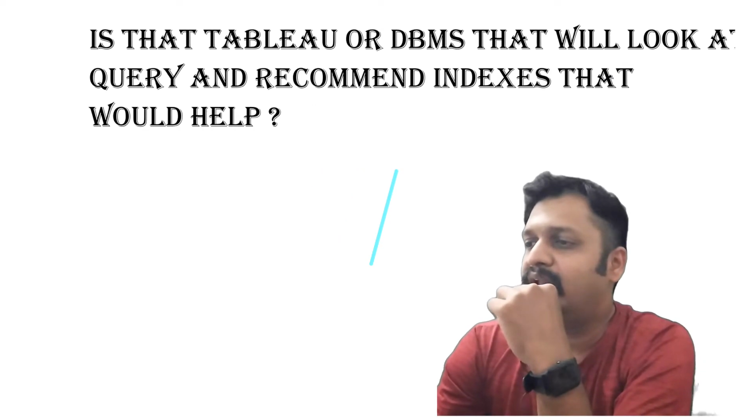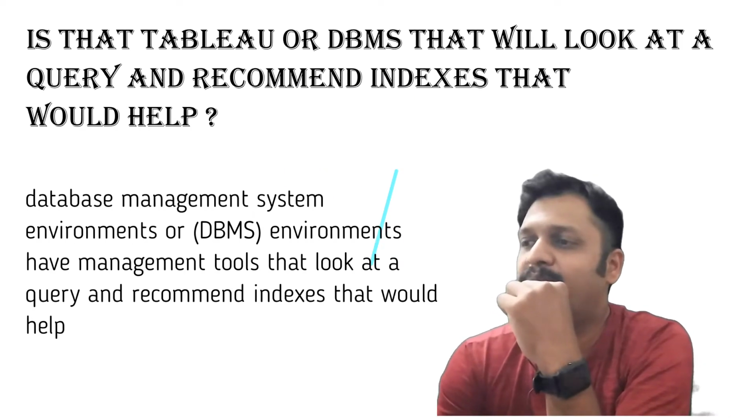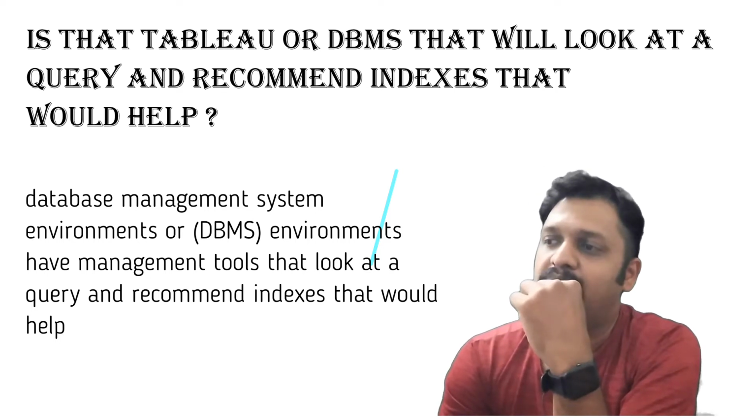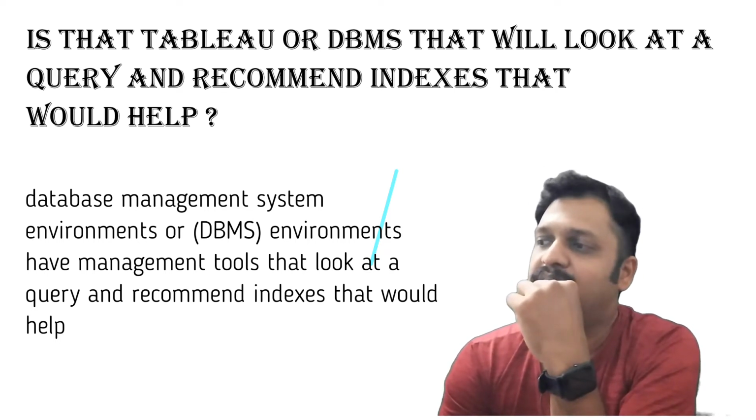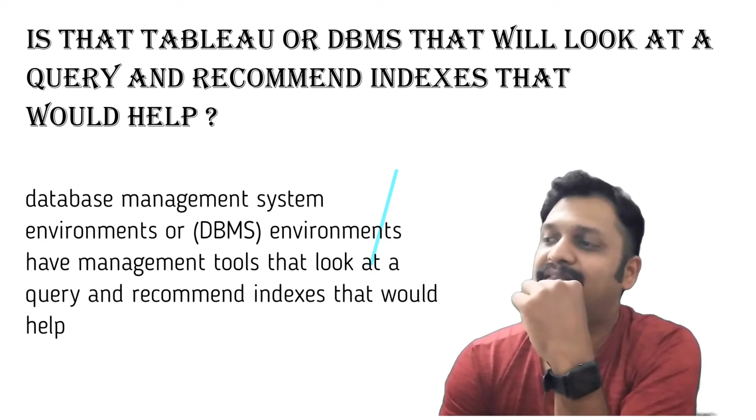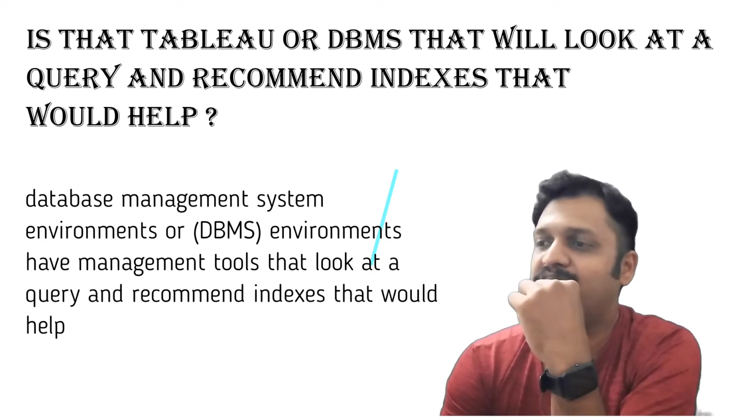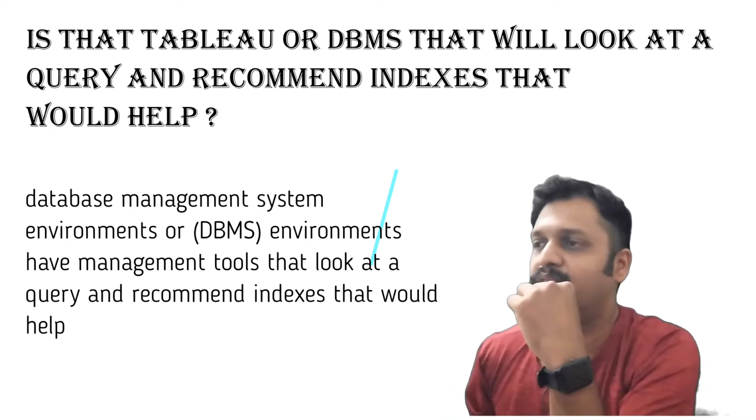Next question. Database management system environments have management tools that look at the query and recommend indexes that would help. This index recommendation is managed by the database management system, not by Tableau.